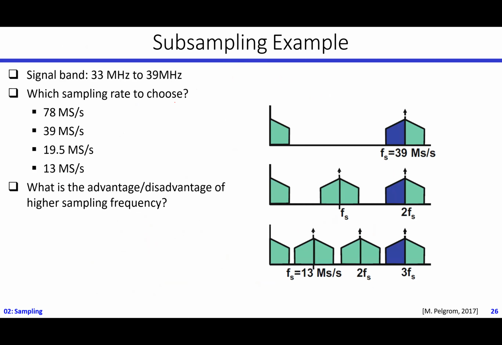Okay, now what is the case for those? What is the advantage or disadvantage? So here, if I'm sampling at 39, at 19.5, and at 13 megahertz, what is the advantage and disadvantage of each one of these? Why would I select 39, or 13, or 19.5?